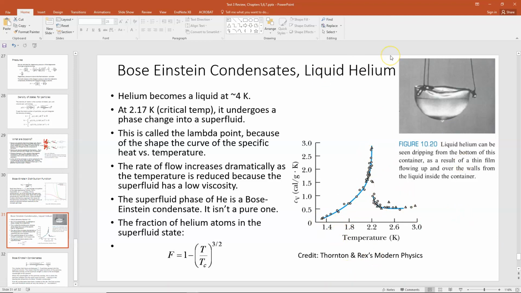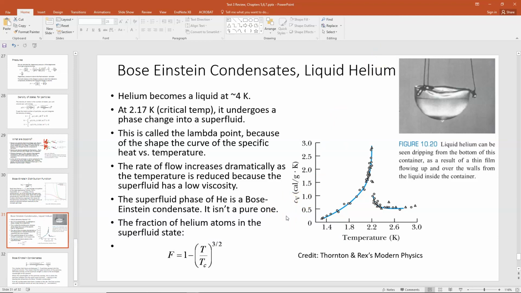What happens at the lambda point and below is, of course, it's a superfluid. One of the side effects of that is that the superfluid has near zero viscosity. And so we showed some videos of what happened to liquid helium at the lambda point. Now, liquid helium isn't a pure Bose-Einstein condensate. They develop pure Bose-Einstein condensates in a lab, but liquid helium isn't one of them because of the helium-3.